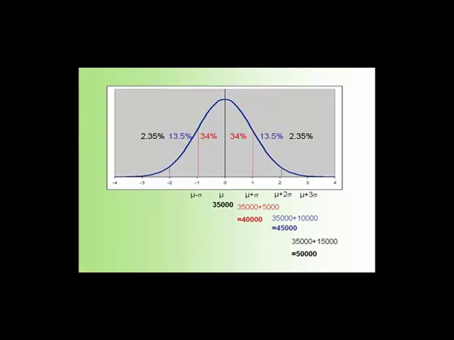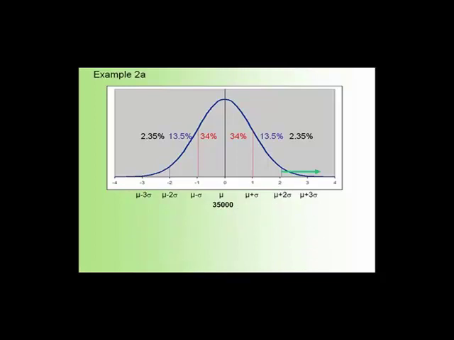My lower limits, subtracting the mean, would be 30,000, mean minus 1 sigma. Mean minus 2 sigma, 35,000 minus 10,000 is 25,000. And the third sigma limit, this one below the mean, 35,000 minus 5,000 minus 5,000 minus 5,000 is 20,000. Now we can answer the question.